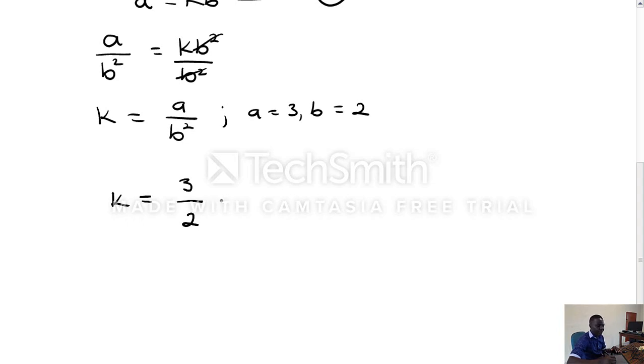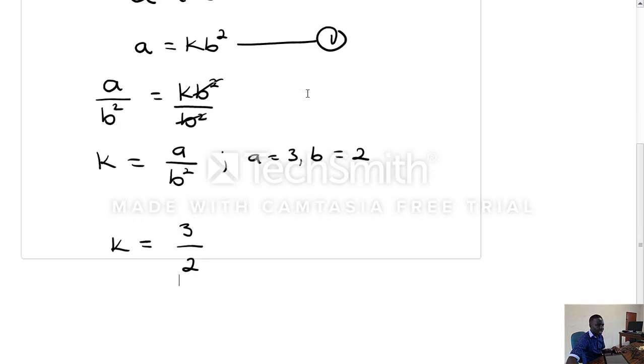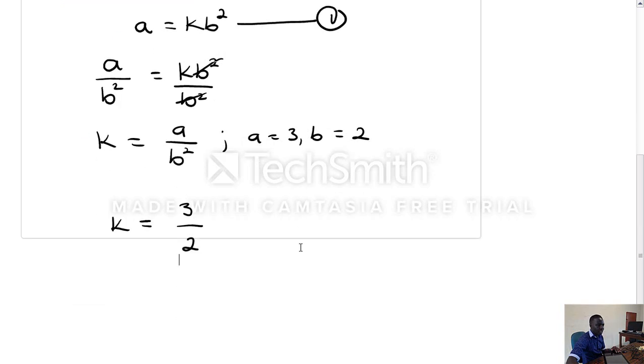So if this is the value of k, I will resubstitute it into this equation to get my relationship between a and b, of which the relationship is a is equal to k.